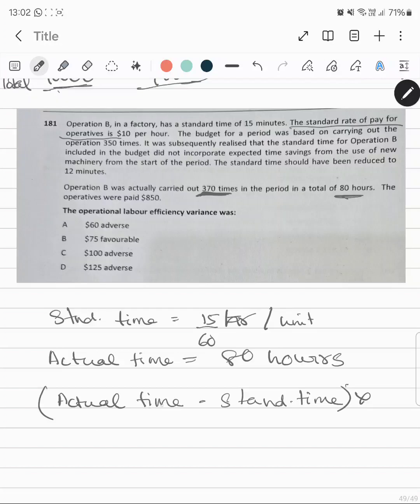I really do not follow what needs to come first and what needs to come after the minus sign. What I actually keep in my mind is, if my actual time is more than my standard time, the variance is going to be adverse, and if the actual time is less than the standard time, it is going to be favorable. That's the only approach I follow, because there are so many ratios in this chapter, one might get confused. So this is one easy approach which I keep in my mind.